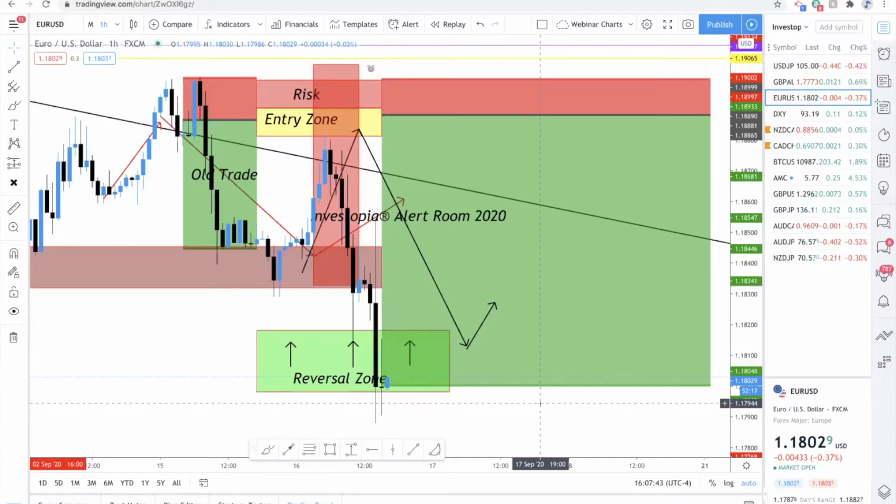So basically, when it comes to my alert room, what I'll do is I will show you guys the setup, send you guys this type of chart, and then I will explain the trade, the reference points we're looking at, how you should risk the trade, and everything in between.